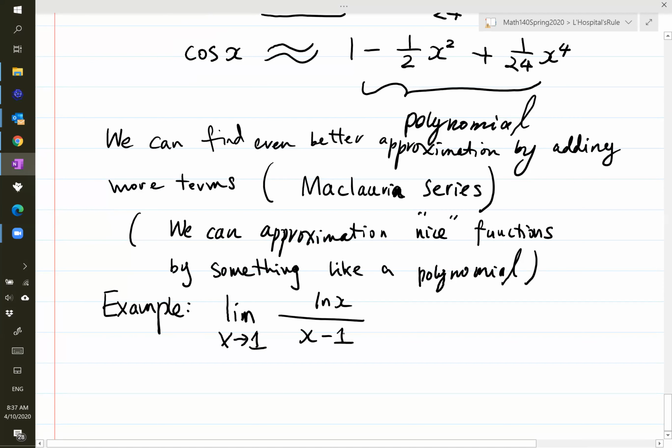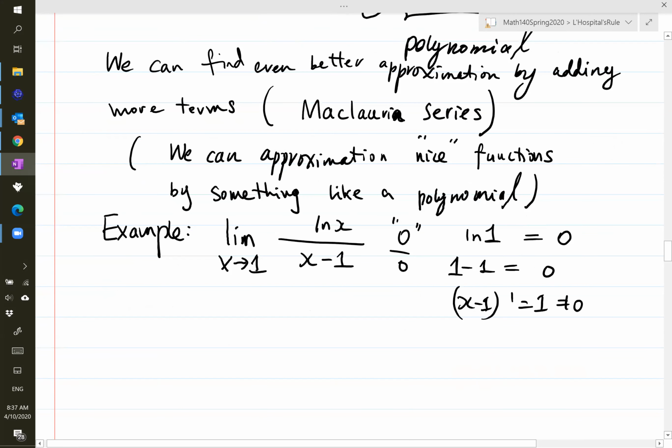You check that as x approaches 1, if you directly use substitution, ln 1 is 0, and 1 minus 1 is simply 0. So this is type 0 over 0. And you check the denominator derivative, x minus 1 derivative is 1, which is non-zero. So L'Hopital's rule applies.